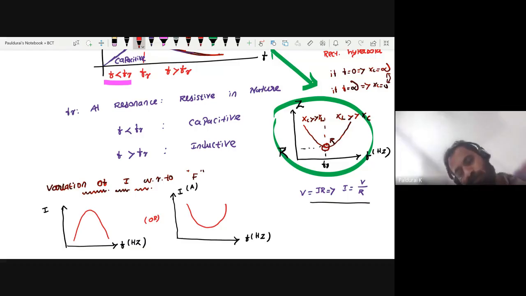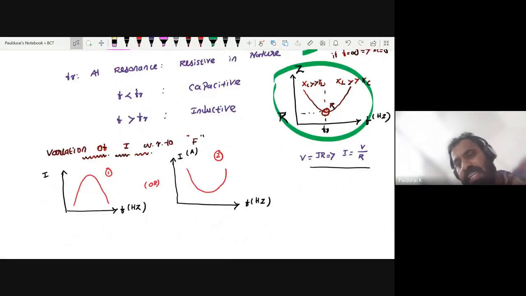The first one, yes, very good. So at resonance, see this impedance curve. At resonance, you are getting minimum resistance. So at resonance, you will get maximum current.